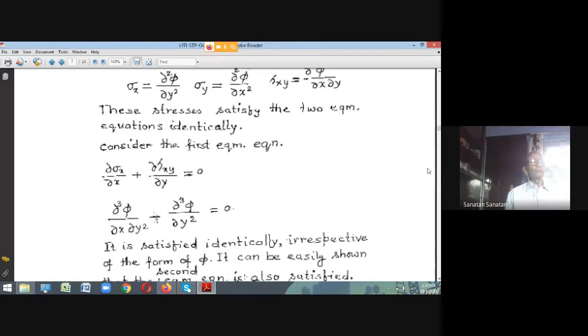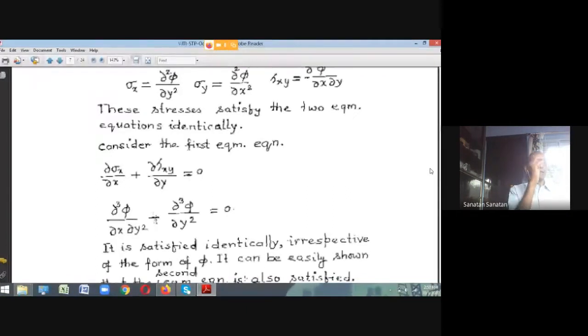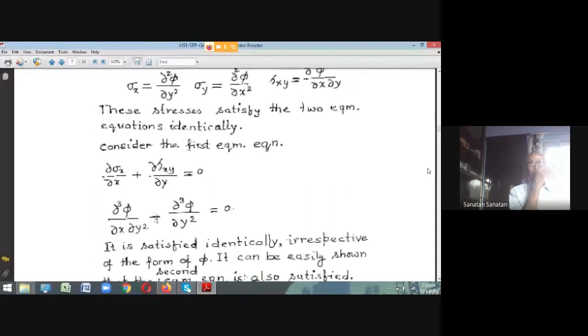Now it has boiled down to simply determining phi as a function of x and y such that it satisfies the specified loading conditions. That's it. Irrespective of the form of phi in terms of x and y, it satisfies the governing differential equations.